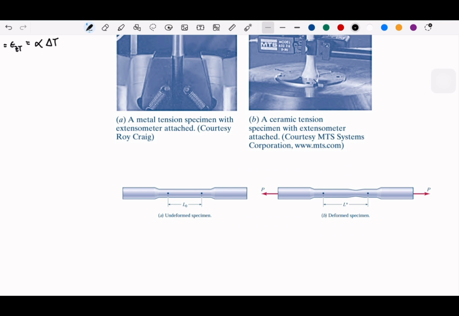I forgot the number, but you can check ASTM for the tensile test, and it will give you all the numbers you need. For example, what is the length for this one? We call it the gauge length. The gauge length is the standard for the tensile test. It is made specially for tensile testing, and it needs to be in this shape. If not, then the tensile test is not to standard.